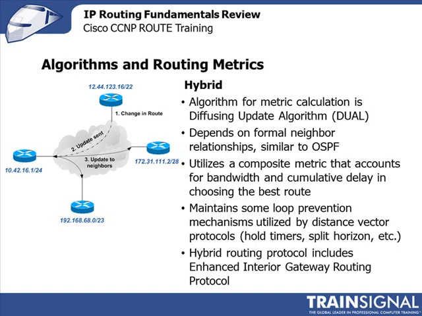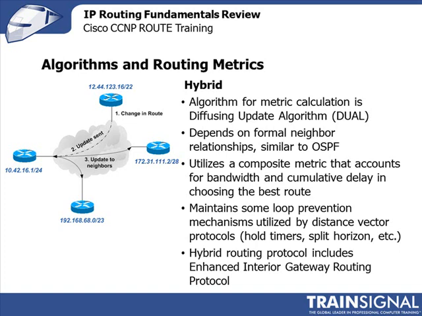But it creates a composite metric that accounts for bandwidth and cumulative delay in choosing the best route to a destination prefix. Now, as such, it has some traditional distance vector loop prevention mechanisms, hold timers, split horizon, and so on. So that's the distance vector portion of it, but it has these formal neighbor relationships.